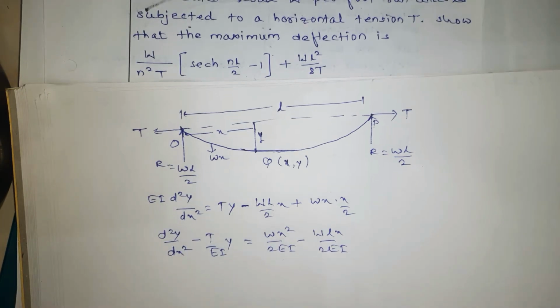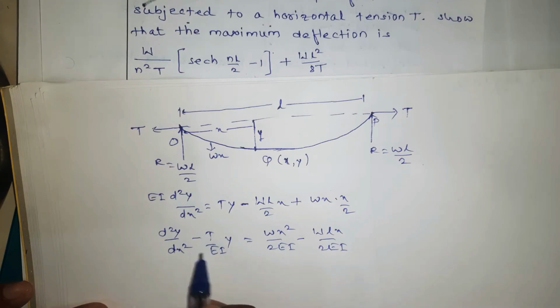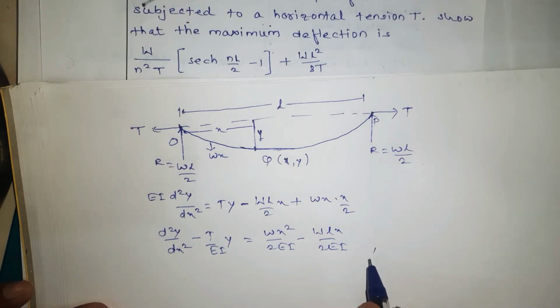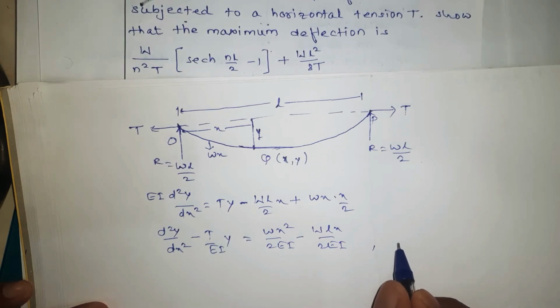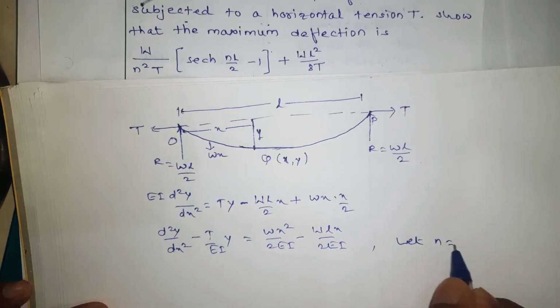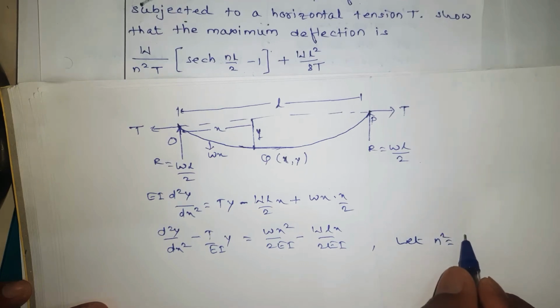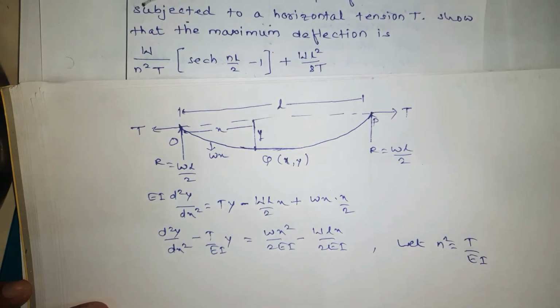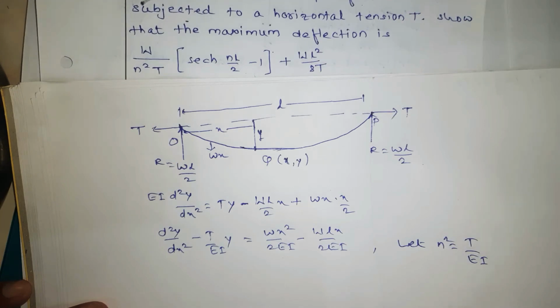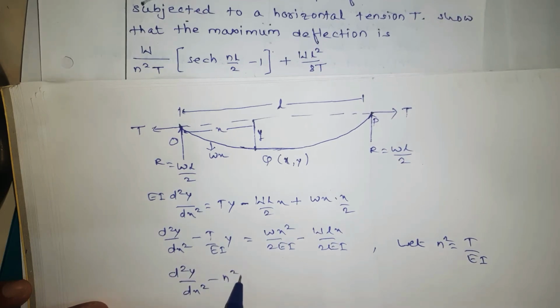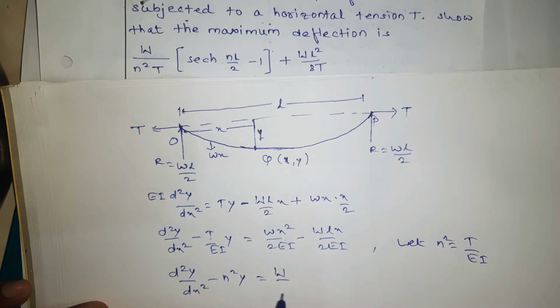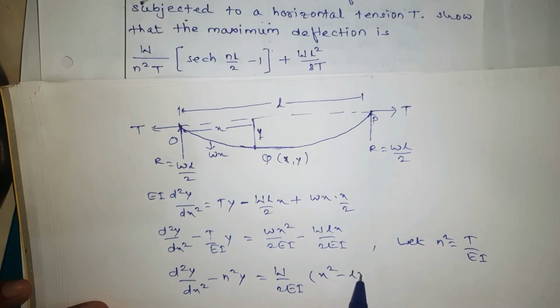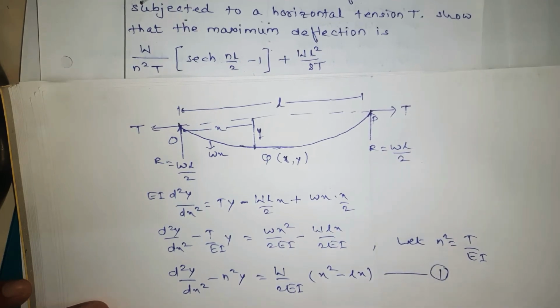We use some notation here, as given in our problem: let n square be equal to T upon EI. Substituting, d square y by dx square minus n square y is equal to W upon 2EI in bracket x square minus Lx. So this is my first equation.